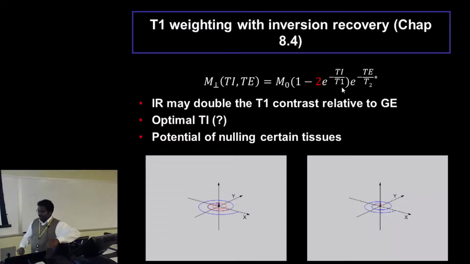That leads to larger T1 contrast between gray matter and white matter compared to just the 90 degree pulse. In fact, if you work it out, I think the contrast is twice as large if you use the right TI. So you can use an optimal TI to get that contrast, and you can also null tissues.